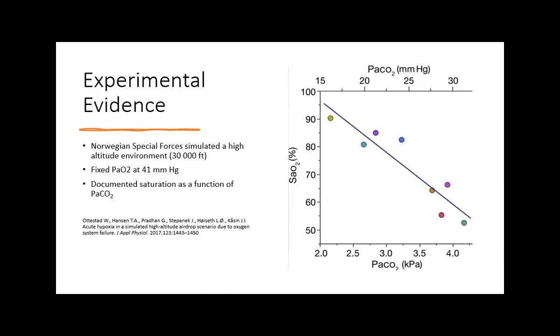But you can see the value in tachypnea in these patients, right? So we know that PaO2 is of no consequence. So don't worry about the fact that the PaO2 is stable. We see that as we become more tachypneic and the CO2 starts dropping, your saturation goes up and your body maintains oxygen delivery to the tissues, right? It's a fundamentally important concept in that regard.